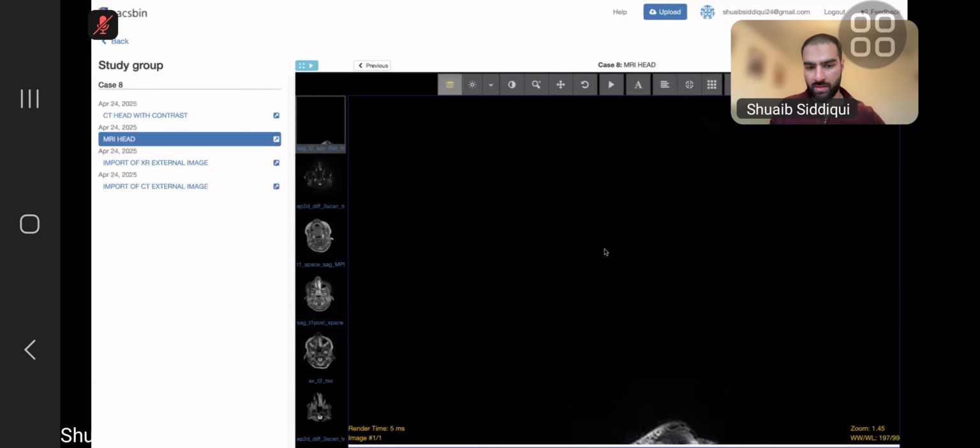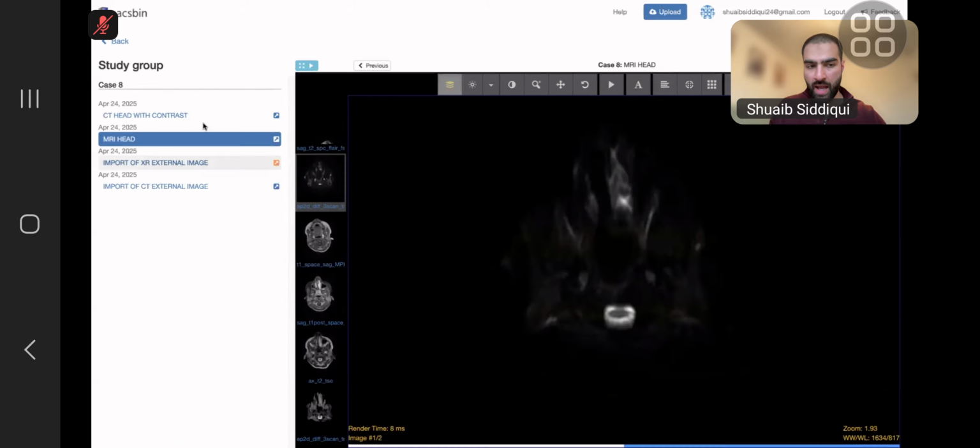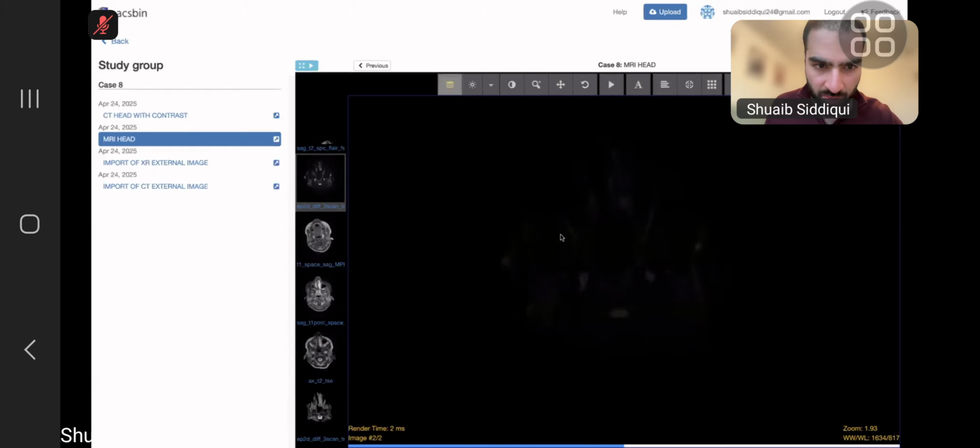These don't seem to be loading. That's fine. For some reason these images aren't really loading.